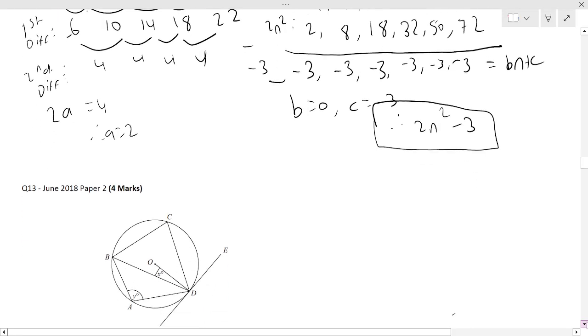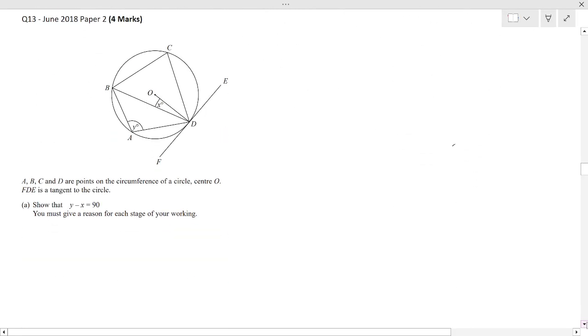Okay. On question 13 now, circle theorem 1. Okay, so we are given, they've really drawn everything for us. We're given this as a tangent. We need to show this. Okay, so with these circle theorems, again, start with what is staring you in the face. What can you apply first?